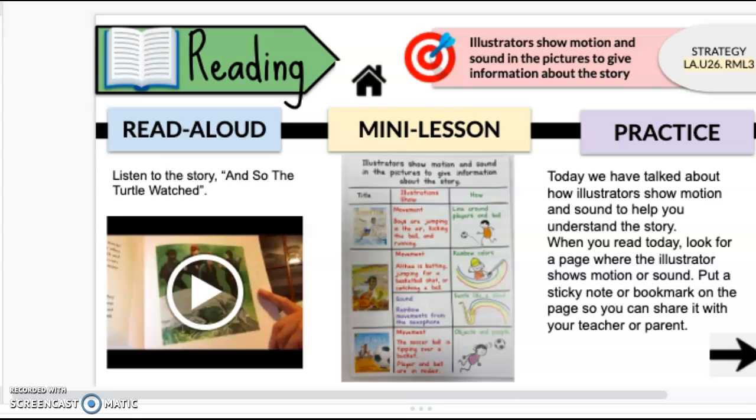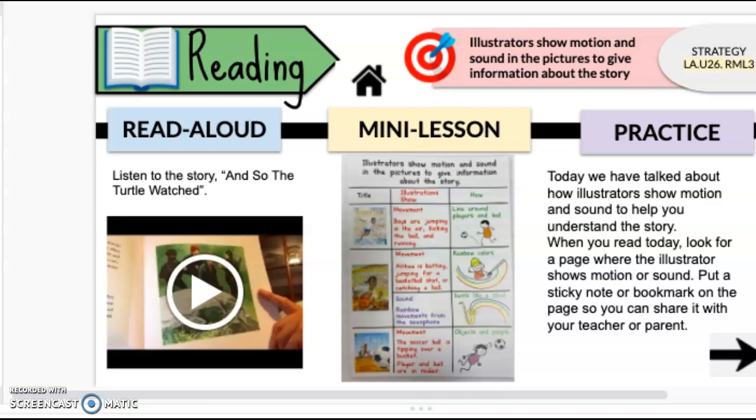The rainbow movement from the saxophone shows that sound is coming out of the saxophone. So the illustrator is using those swirls, like a cloud coming out of the saxophone, to represent sound.